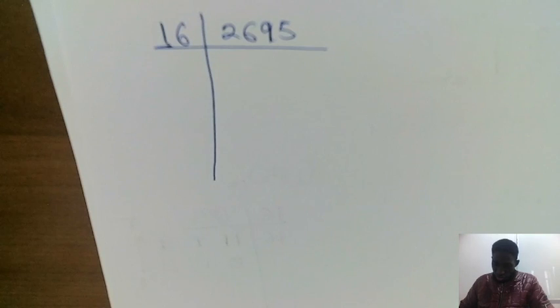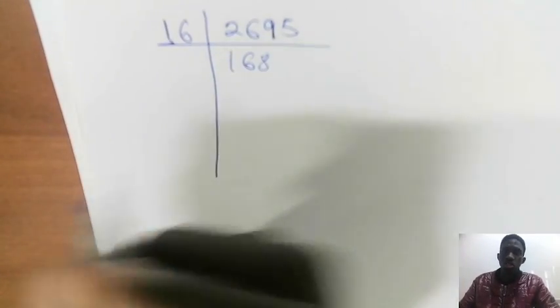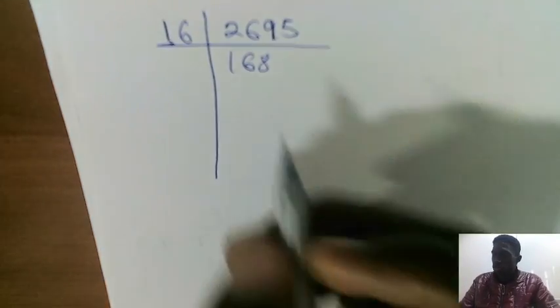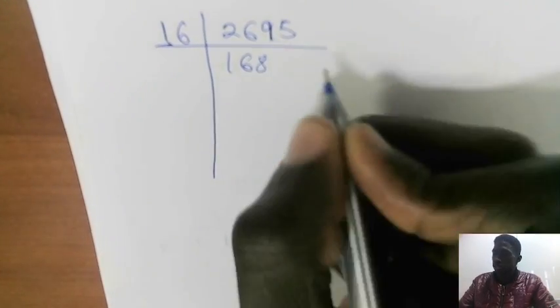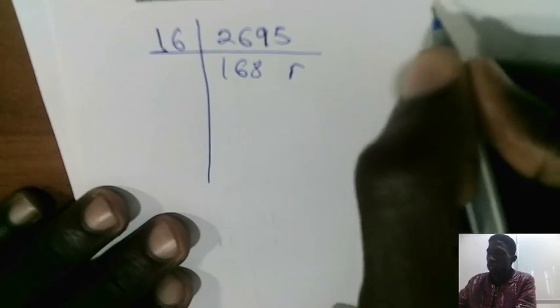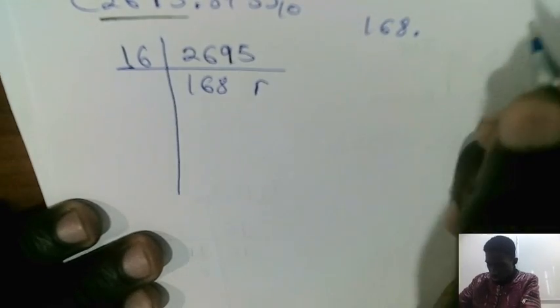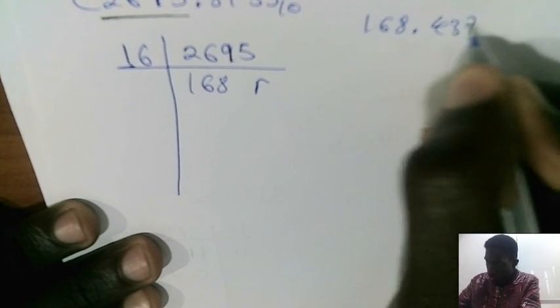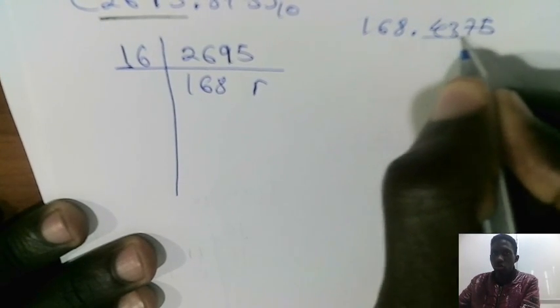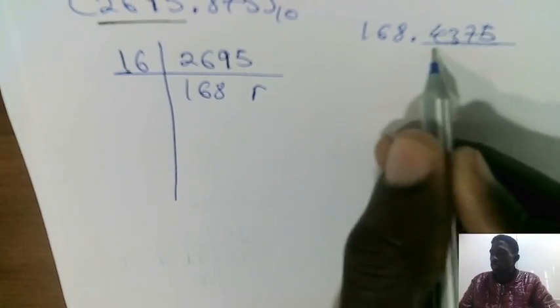Once you do that, 2,695 divided by 16, we get 168 point something on your calculator. It's actually 168.4375. So we want to convert this 0.4375 to a remainder, because we can't use that.